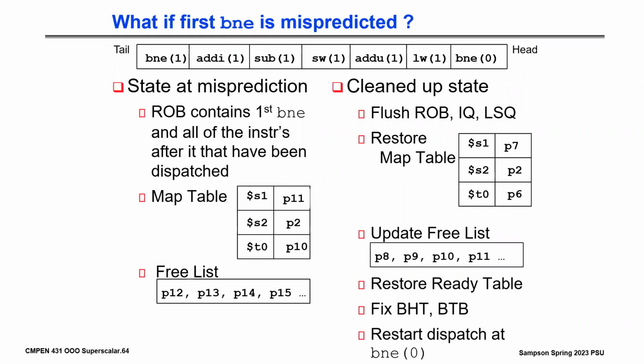And what's going to be behind the BNE at this point? Well, depending on how long it took to do that unwinding, I can have actually begun refetching things from the front end of my machine. However, I cannot actually push them through rename until I have restored the map table, but I could do fetch and decode if I wanted to.